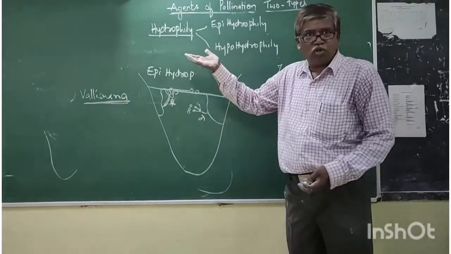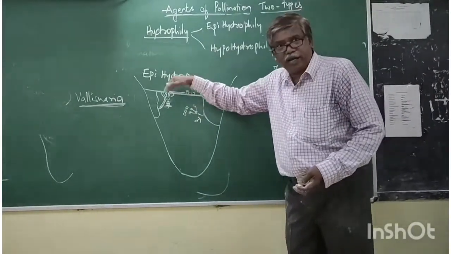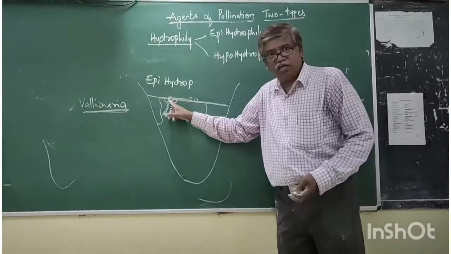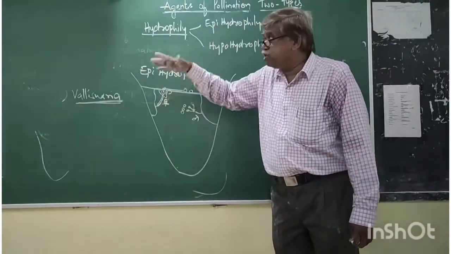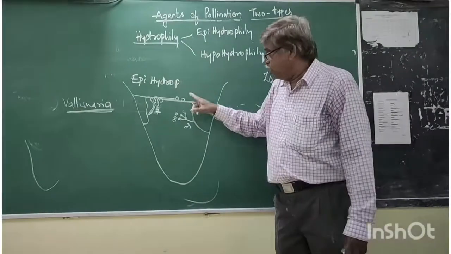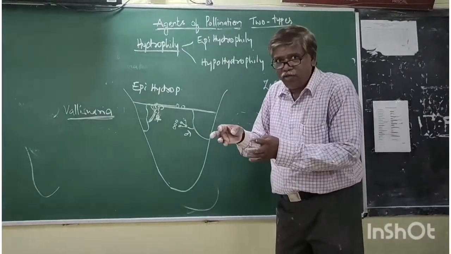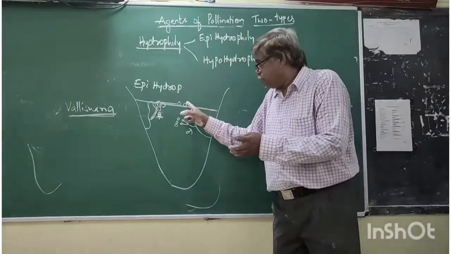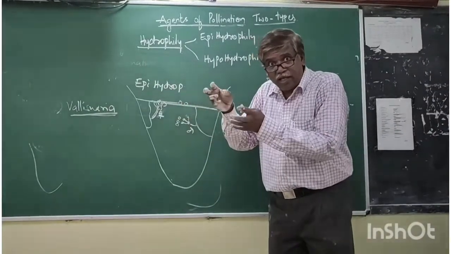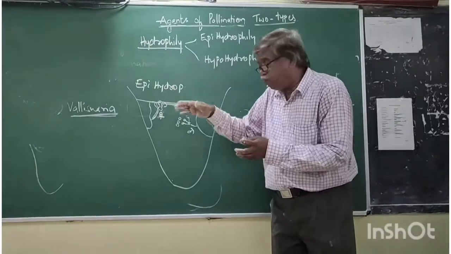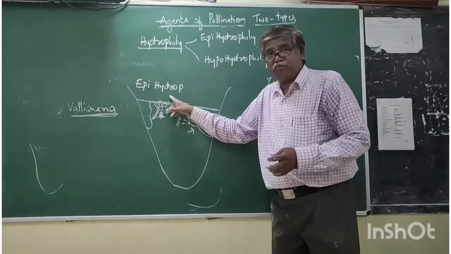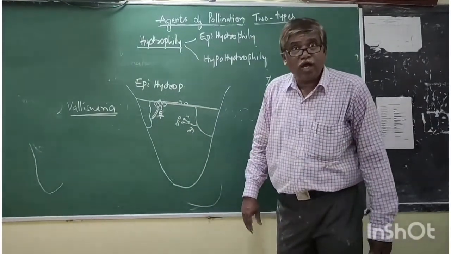With the help of water current, they reach the stigma which is present on the surface. So the pollen grains are deposited on the stigma, that is on the surface of water. Hence it is called epihydrophilic.